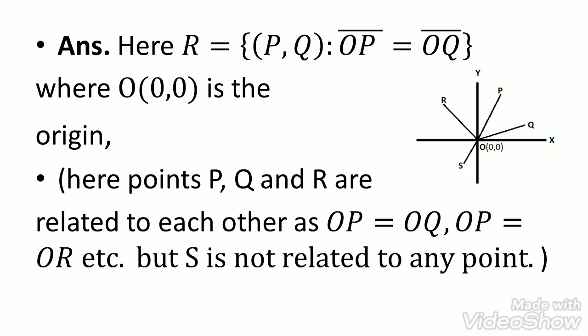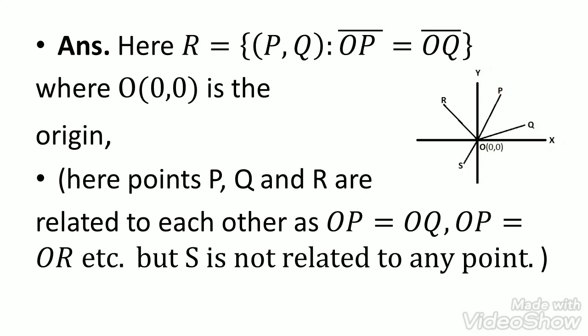But you can see S is not at the same distance from the origin as P, Q and R. Therefore S is not related to any of these 3 points. So this is the diagram actually.